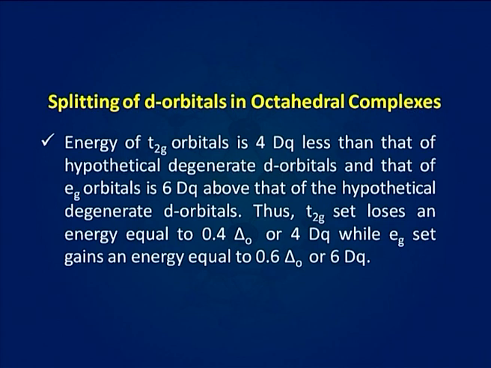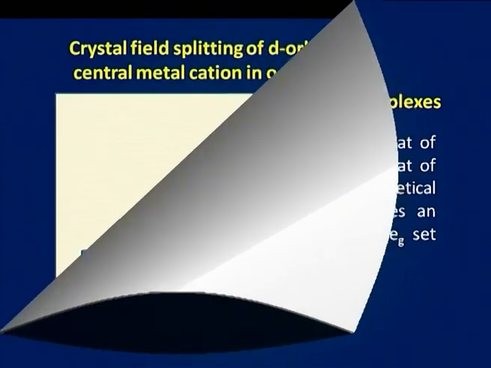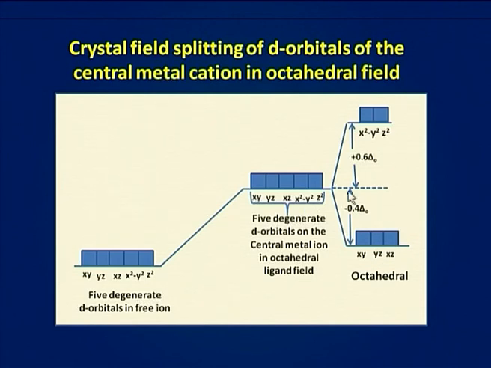Thus, the t2g set loses an energy equal to 0.4 delta O or 4 Dq, while the eg set gains an energy equal to 0.6 delta O or 6 Dq. Here you can see that the energy increase of the eg orbitals and the energy decrease of the t2g orbitals must be balanced relative to the energy of the hypothetical spherical field, and this is also called the barycenter.